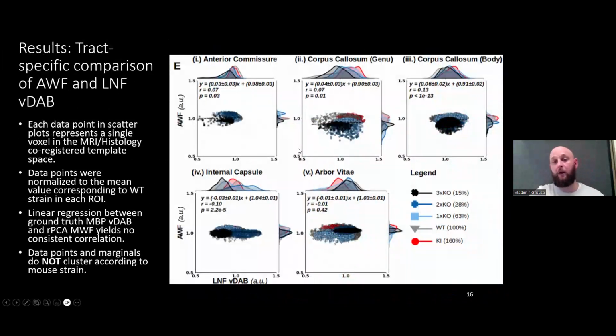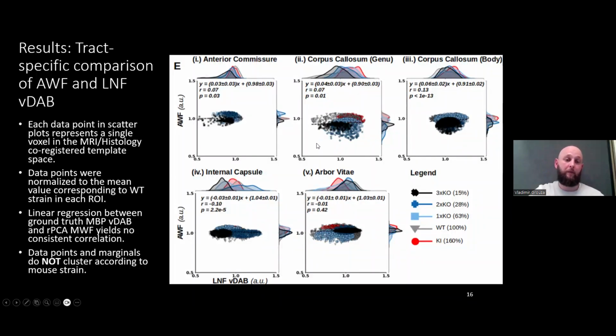And unlike our MWF experiment, we can see that, first of all, in these scatter plots, where everything is again normalized to the wild type, with AWF on the y-axis and light chain neurofilament VDAB intensity on the x-axis, we can see that they A, don't cluster out by genotype, and B, they don't have any meaningful slope associated with them.